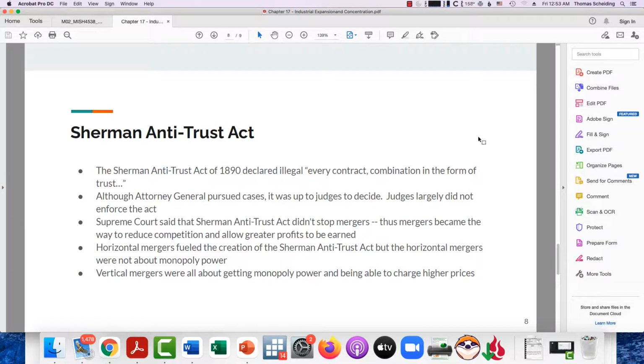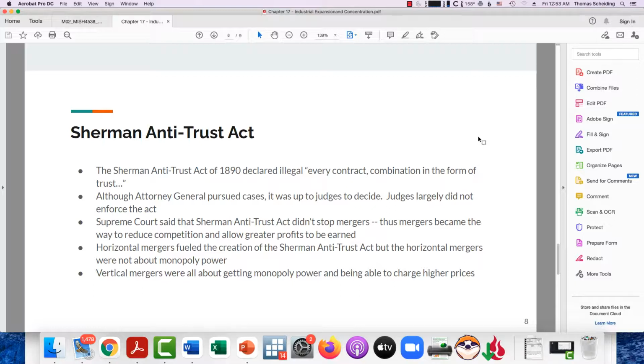But to the most extent, the Sherman Antitrust Acts, although they were made as a reaction to the horizontal merger movement, the horizontal merger movement itself was not about getting monopoly power. It was the vertical mergers instead that were all about getting more monopoly power.